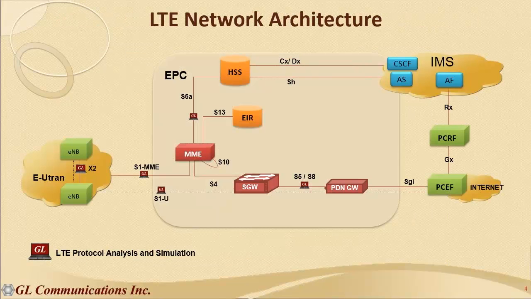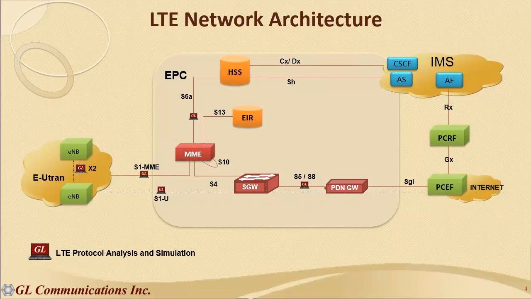Coming to the network architecture, this is the network architecture of LTE, which contains E-UTRAN and EPC. EPC is the evolved packet core. LTE is specially designed to support packet data.